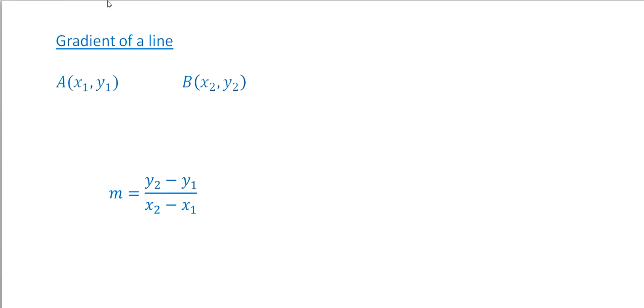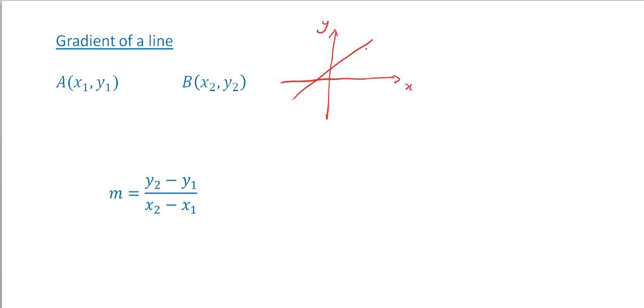Okay, so let us talk a little bit about gradient. Now, let's say we have an XY axis and we have a straight line drawn.